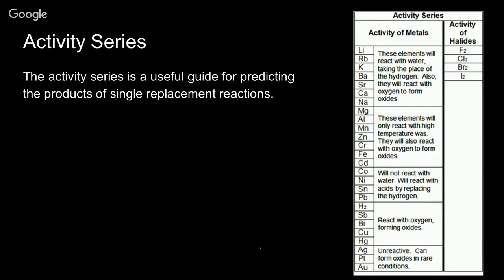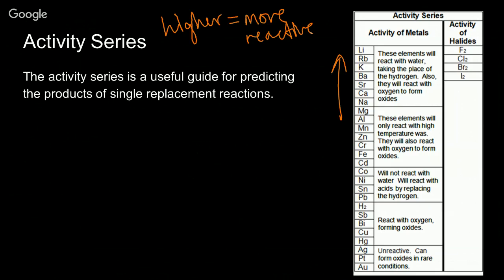Essentially, if we compare any two metals on the metal side, the higher the metal on the chart, the more reactive the element is. So higher equals more reactive, and then the reaction will proceed.